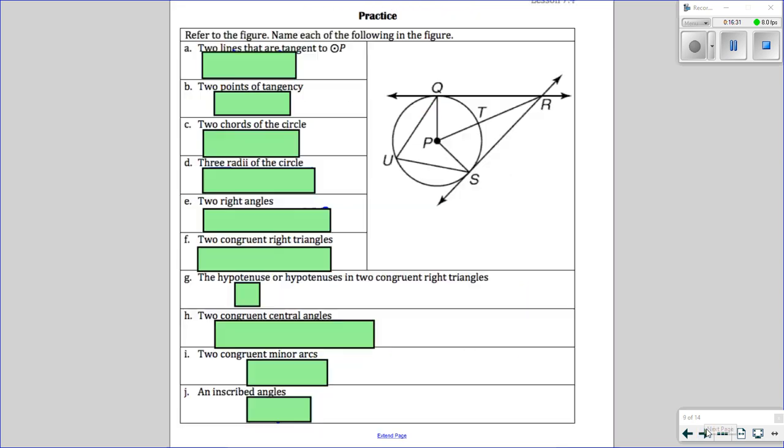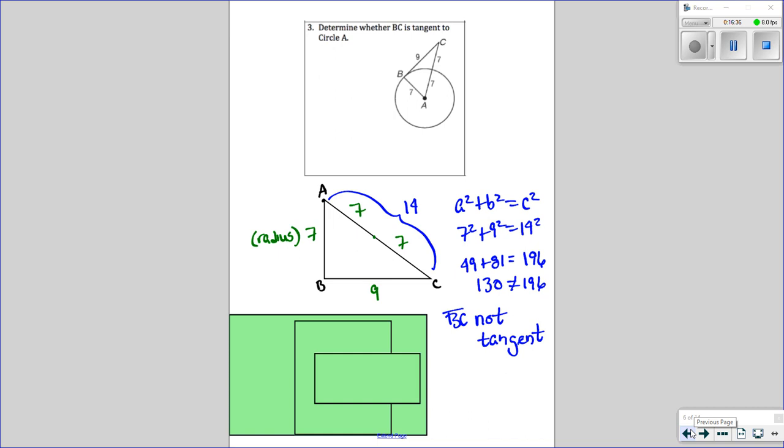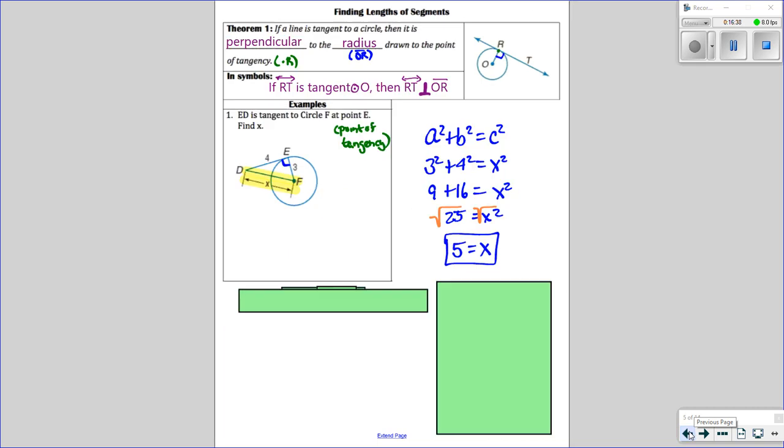All right, just before we do the practice, there were 3 theorems that we covered. The first one was if a line is tangent to a circle, then it's perpendicular to the radius drawn to the point of tangency. Where they intersect is the point of tangency, and those two segments create a 90-degree angle.